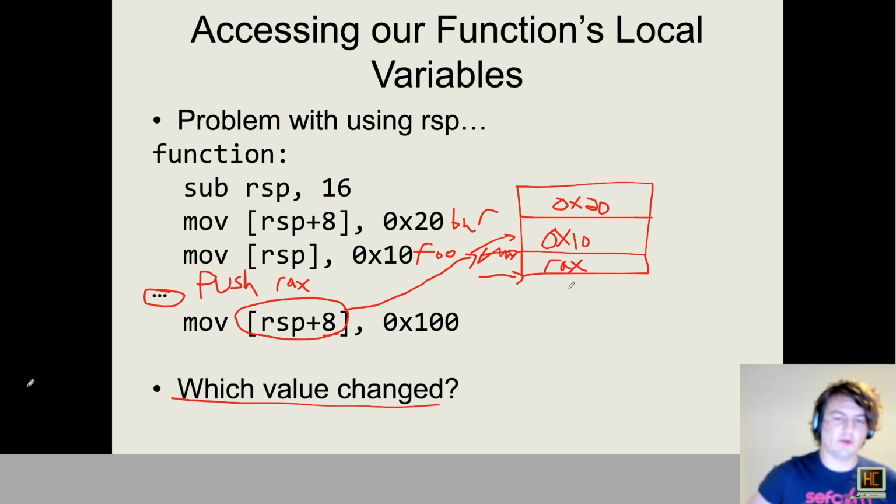Because of this, it can be difficult to understand what variable is being referenced, because you don't know what RSP plus 8 means unless you are keeping track of all the possible changes to the stack pointer.